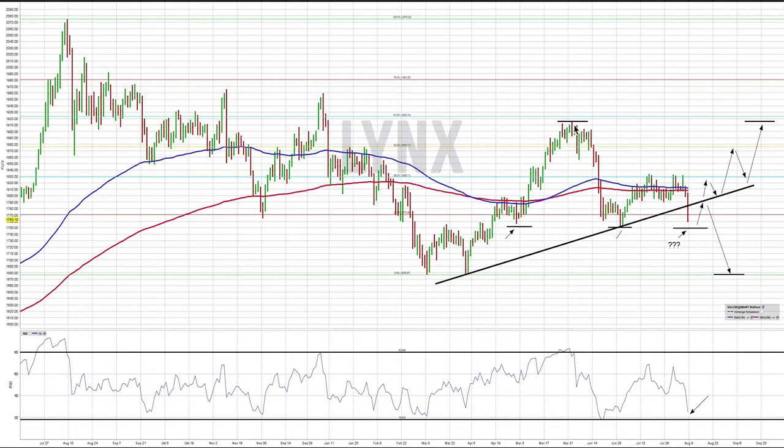This is almost the same level we see here, and this is why I implemented that black line here. That's the last high we see from 1,916.65 from the end of May.